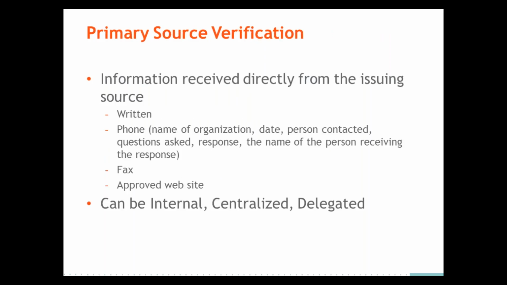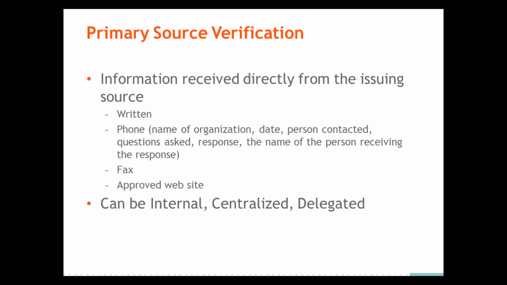Primary source verification is information that we get directly from the source that issued the credential. So when we talk about primary sources, licensure boards are the ones that issue the license. So we go directly to the licensure board and we verify it. That licensure board is the primary source. It can be done in a number of ways. You can do it by writing a letter. You can do a telephone verification, faxes.